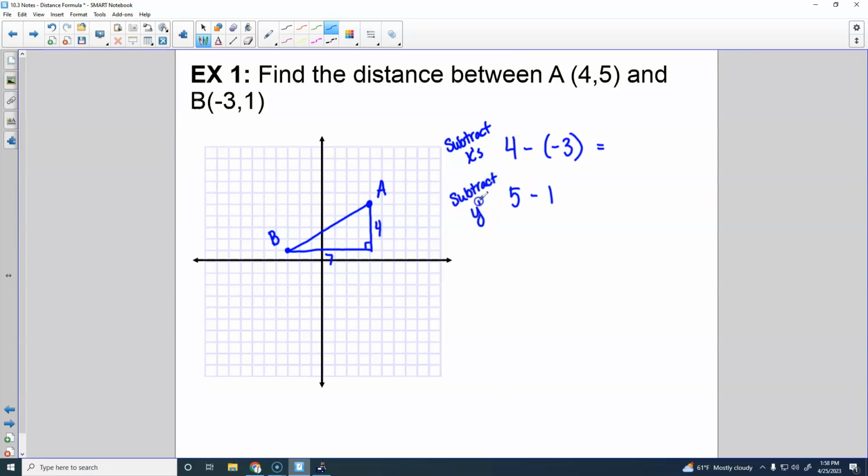Okay, so what happens here for the first one, if I subtract 4 minus -3, that becomes positive, and I get 7. And then I've got 5 minus 1, which will give me 4. Okay, that works. Right? What if I had done them in a different order, Evan?